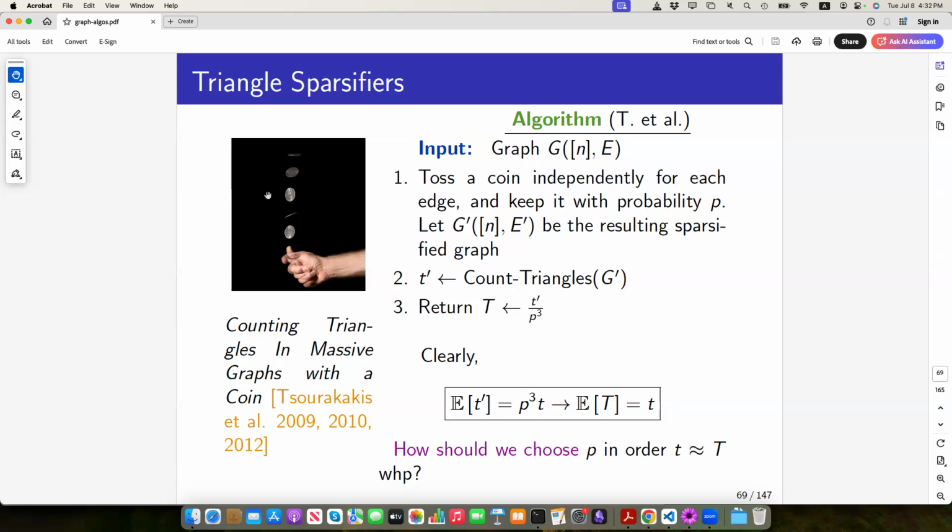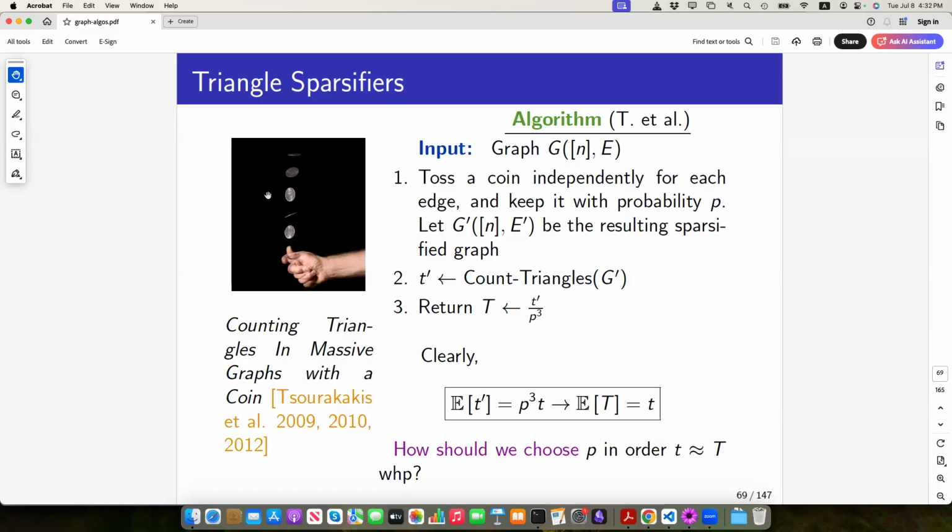It takes the input graph and tosses a coin for every single edge with probability P. Let's say P is 0.1, so you keep 10% of your edges randomly. You take the resulting sparser graph, G prime, and count the triangles there with any algorithm that you like, the ones we discussed, matrix multiplication, node iterator, whatever you want. If T prime is the count of triangles in the sparse graph, then you return T prime divided by P cubed.